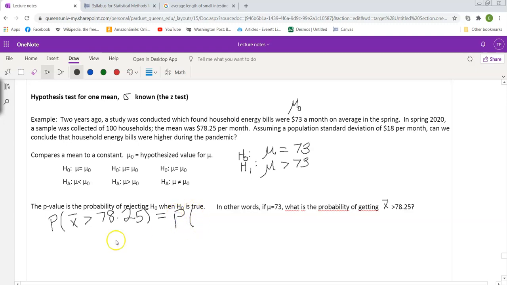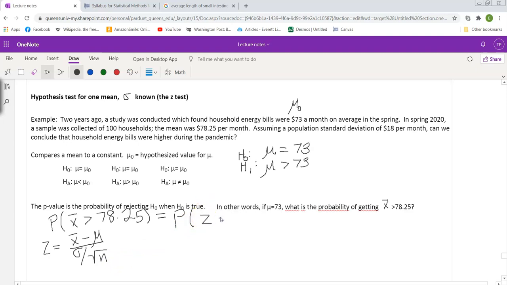And we know how to find this because we did this when we were doing sampling distributions. And to do this, we use this formula, z equals x bar minus mu over sigma over the square root of n.